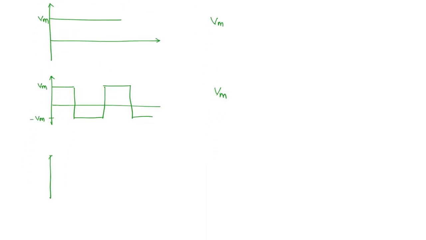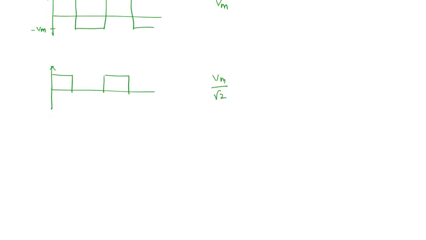Now you can take a pulse waveform. That means there are pulses like this. In this case the RMS value is going to be Vm by root 2. You can use the mathematical expression for the RMS and verify whether these are the correct values. And next we have a sawtooth waveform. So this is in the shape of the sawtooth, right? That's why it's called a sawtooth waveform.